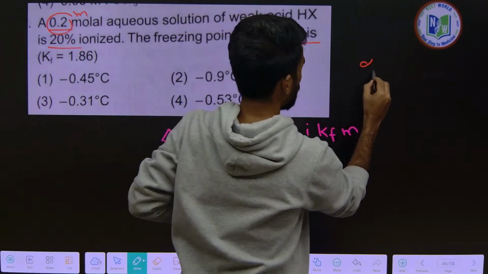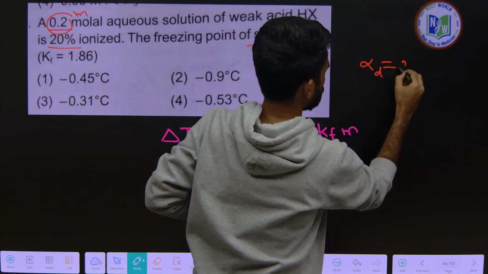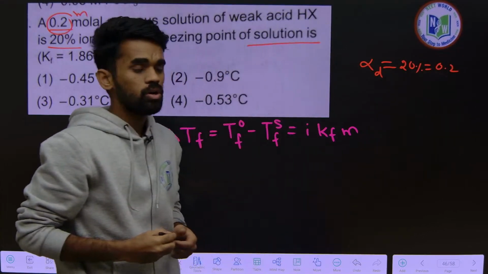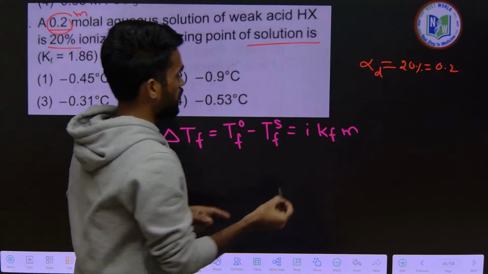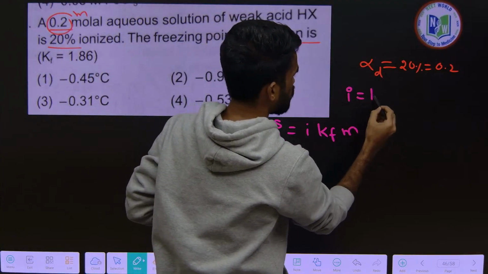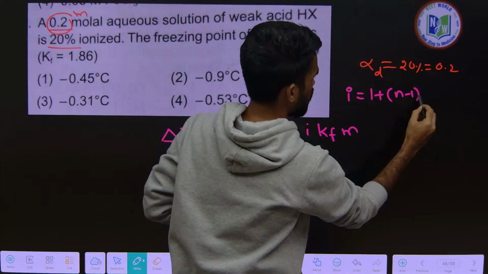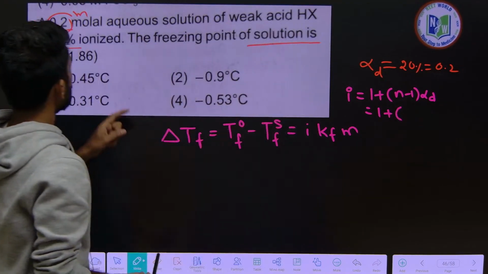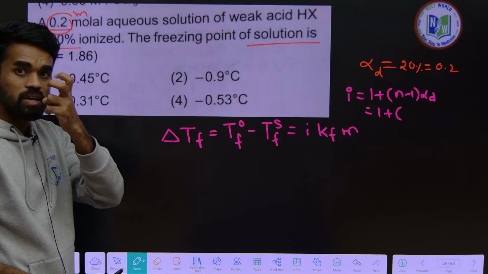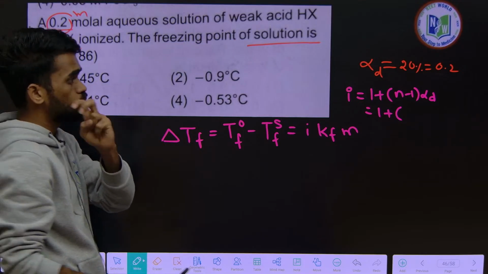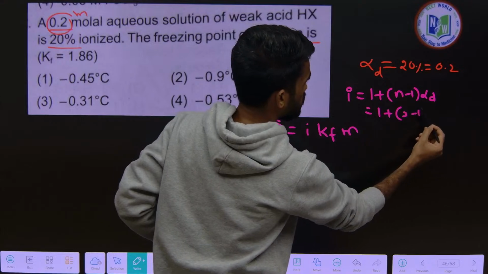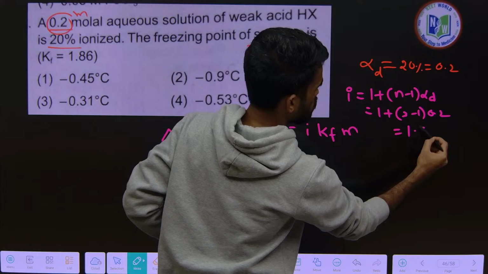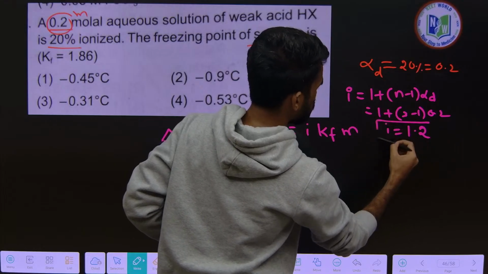It means alpha is 20%, so you can take 0.2 as the degree of dissociation. So find the i value from that: i = 1 + (n - 1) alpha. When HX undergoes dissociation, we get H+ and X-, so 2 ions will be formed. So 1 + 0.2, that is 1.2. This is the i value we got.